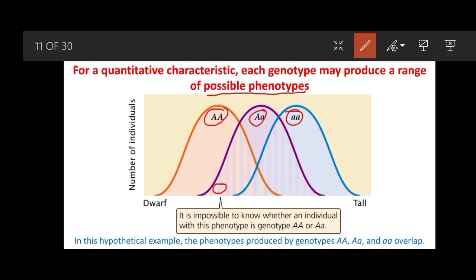When the number of genes is increasing, the complexity is also increasing, and the number of phenotypes also increases, and when the environment has its role also, then it further complicates the phenotype-genotype relationship.